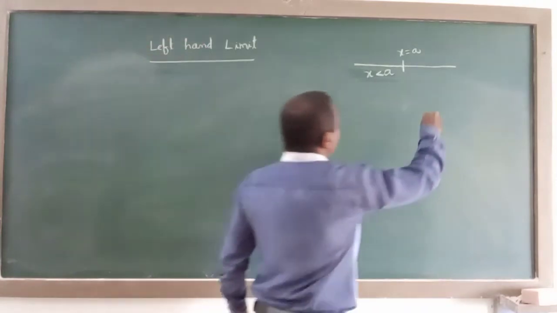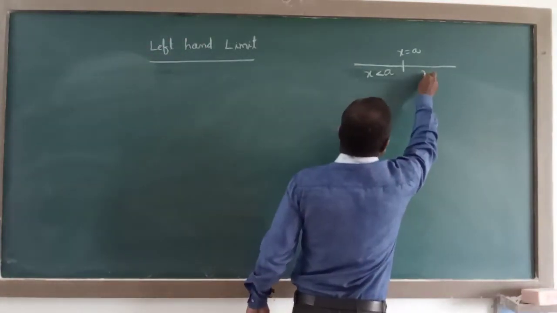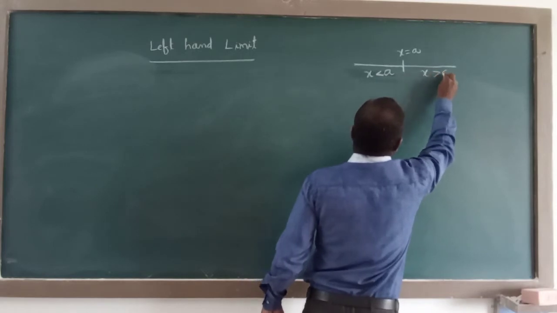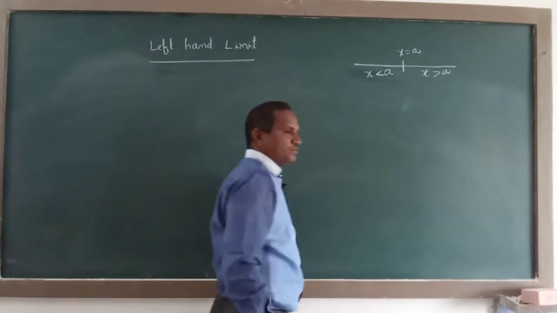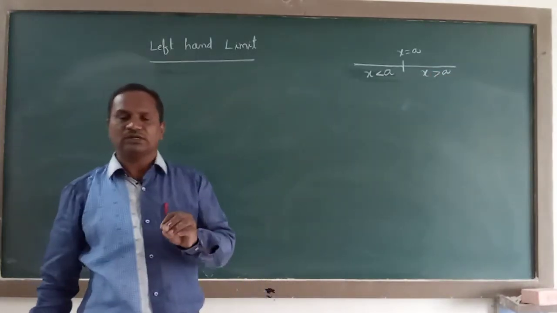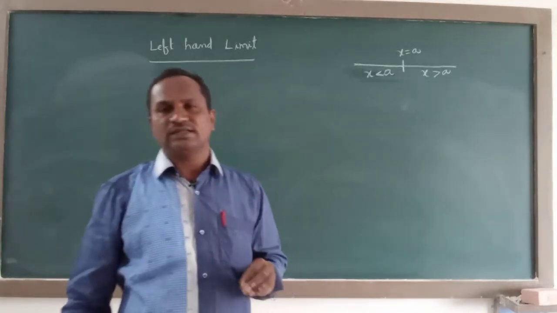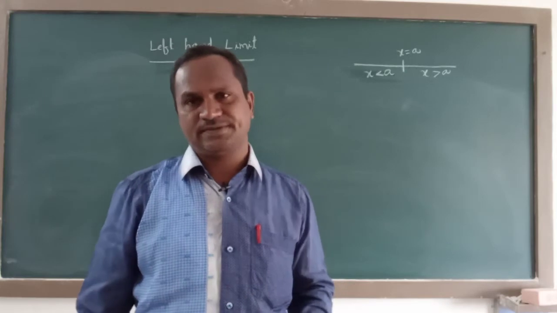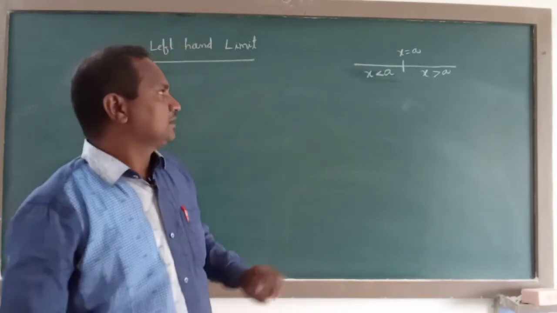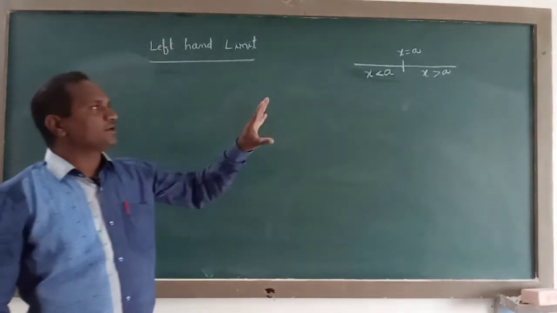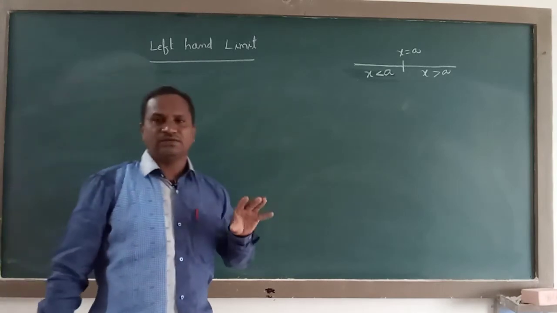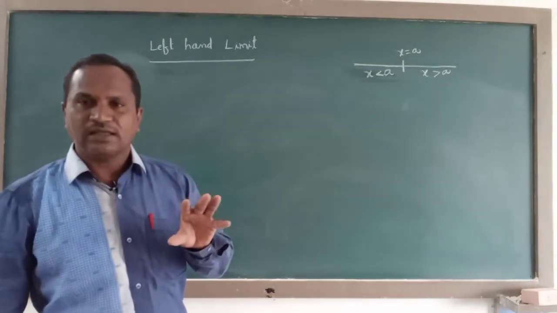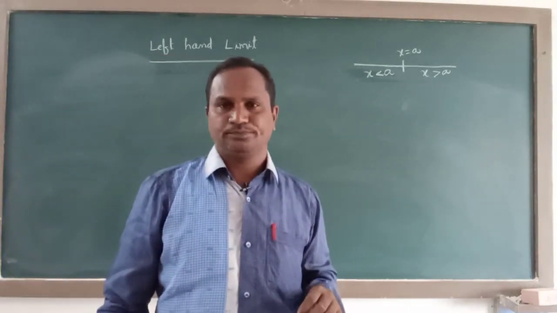Next, this side all values are greater than a, positive values. The functions which correspond to the greater than symbol, we must consider for right hand limits. That's why, based on that real number line, we are going to give definitions for LHL and RHL.